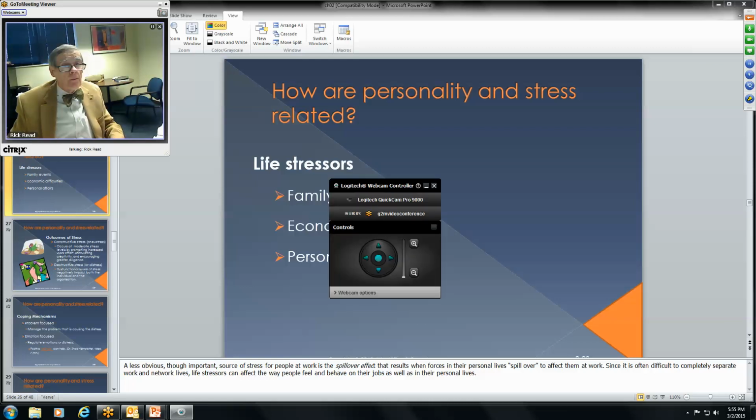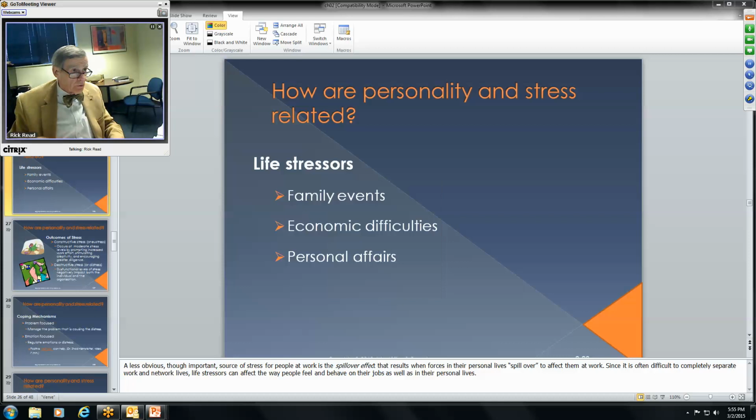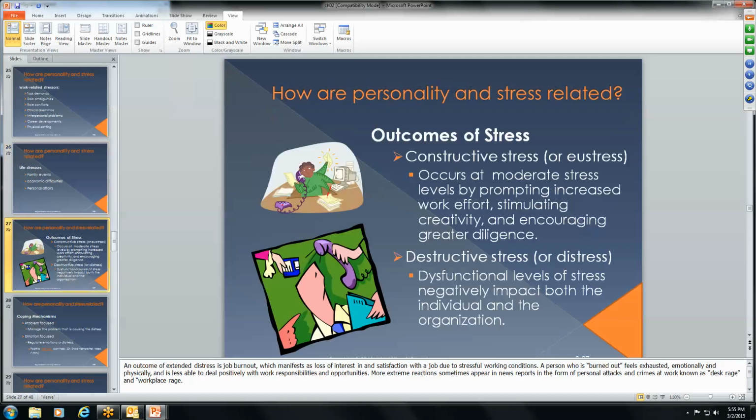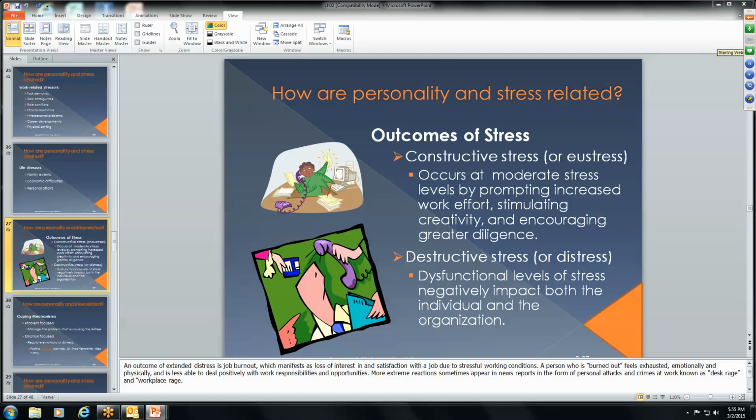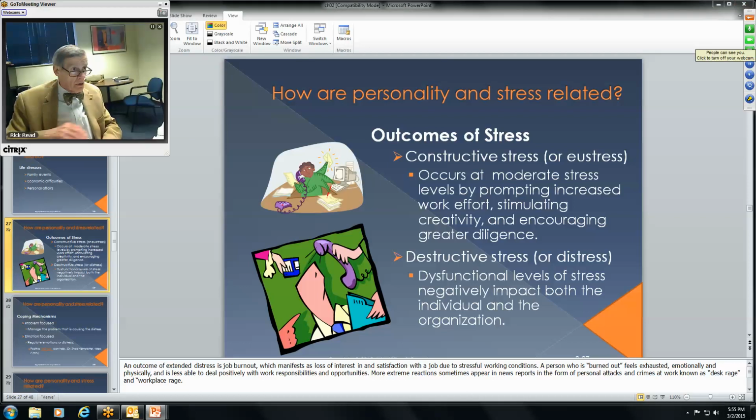These are some outcomes of stress. Notice the first type of stress talked about here is constructive stress, also called eustress. Now, I'll give you a little bit of background here. Eu from the Greek means true. I don't know if it's meant to be that way here, true stress, but notice what they talk about here.